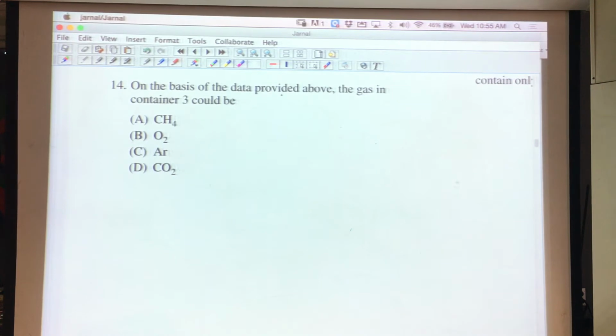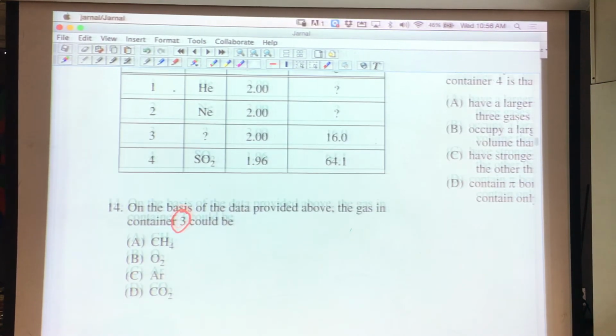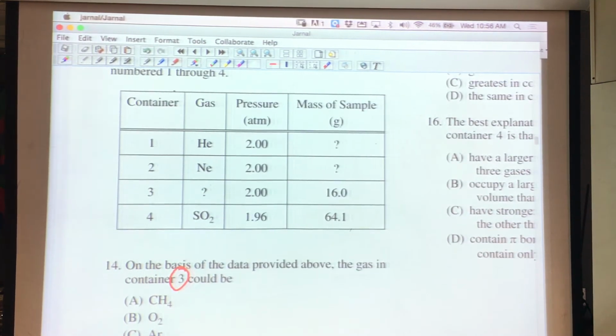All right, 14. On the basis of the data provided, the gas in container B could be what? All right, so this is thinking on your feet. What do I notice? I notice that the pressure is about the same for all of the gases in the container. Now, what do I know? This is Dalton's law of partial pressure. What do I know?